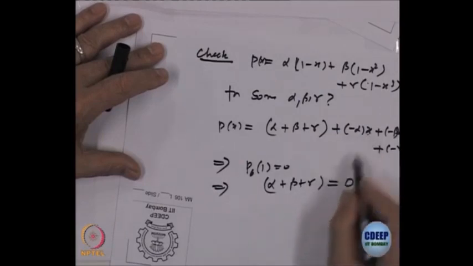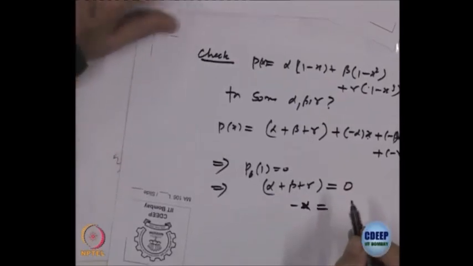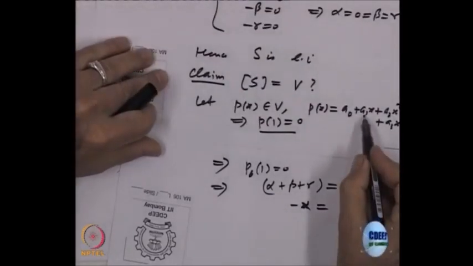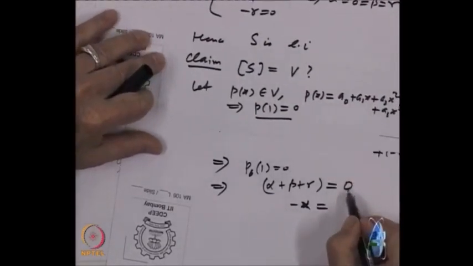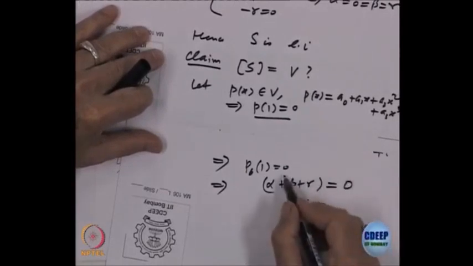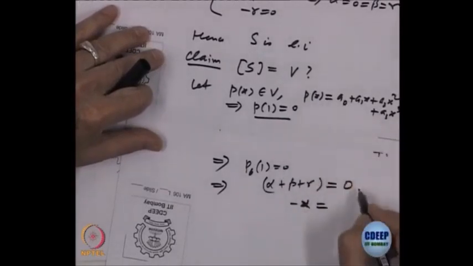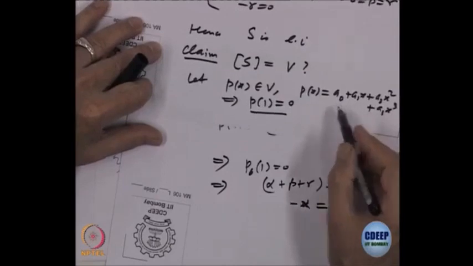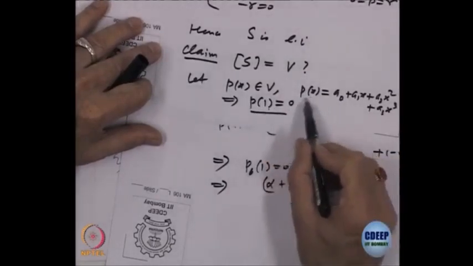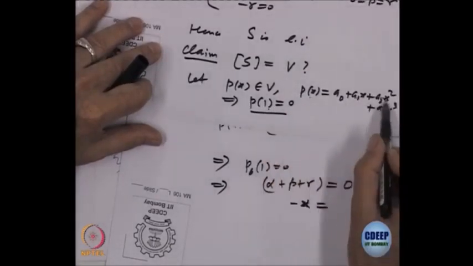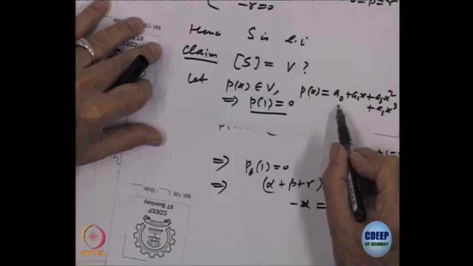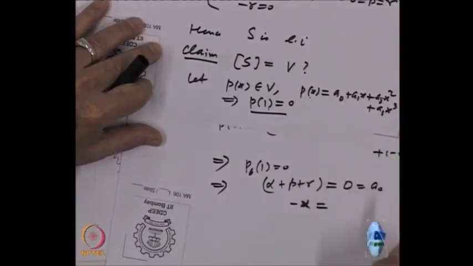What is the coefficient of x here? Minus alpha, and what is the coefficient of x in P? Right? Sorry, that should be 0. P(1) of V, that means a0 should be equal to 0, see P(1) is 0. This goes off, a0 is equal to 0.